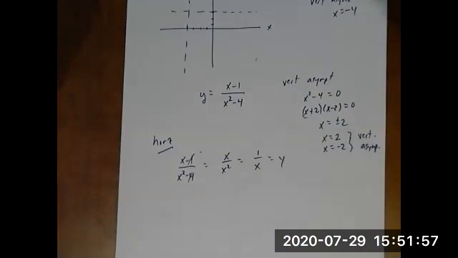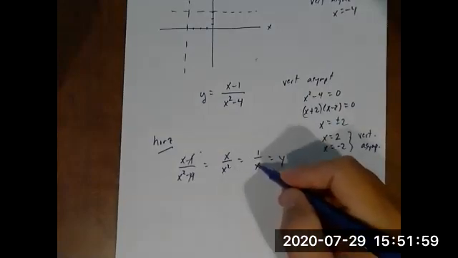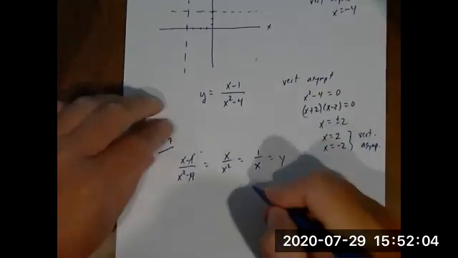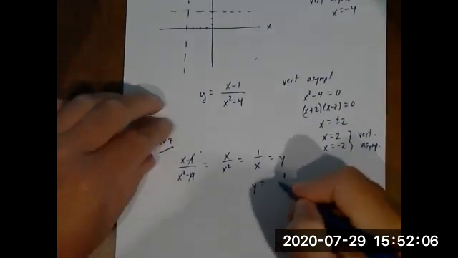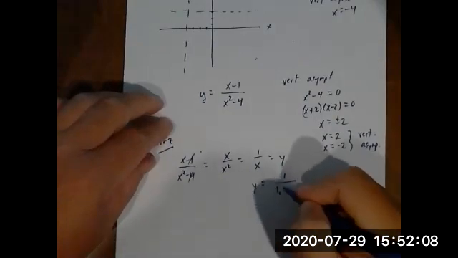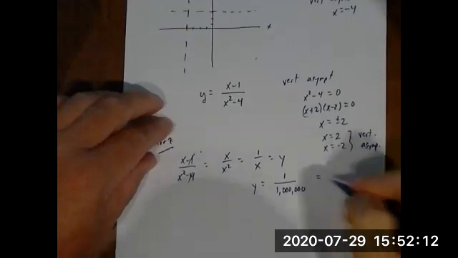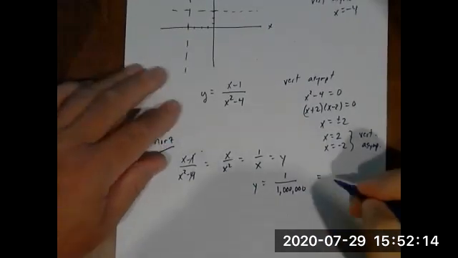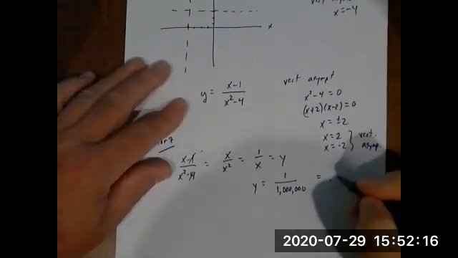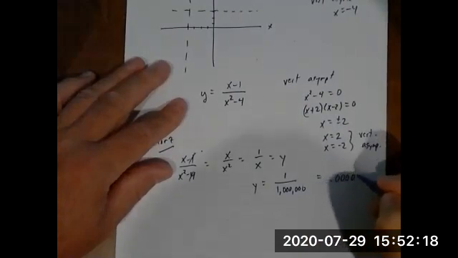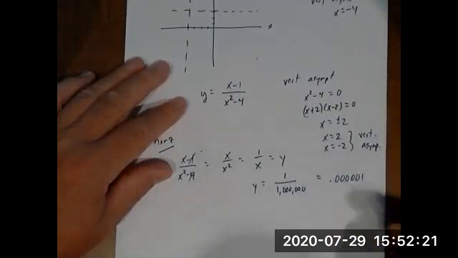So the third step is, what happens when I put in a huge number for x? Just for fun, what if I put in 1 over 1 million? You know what that is? I think it's 0.000001.